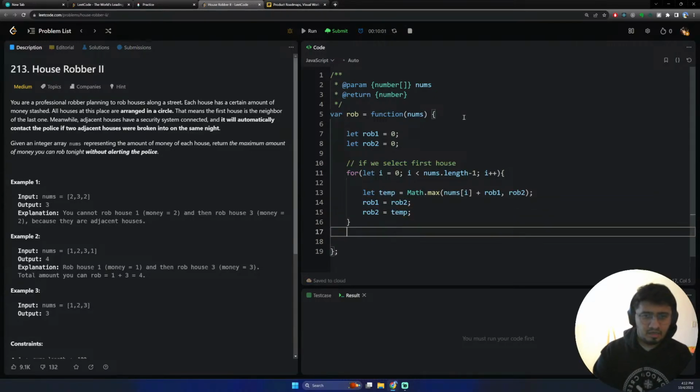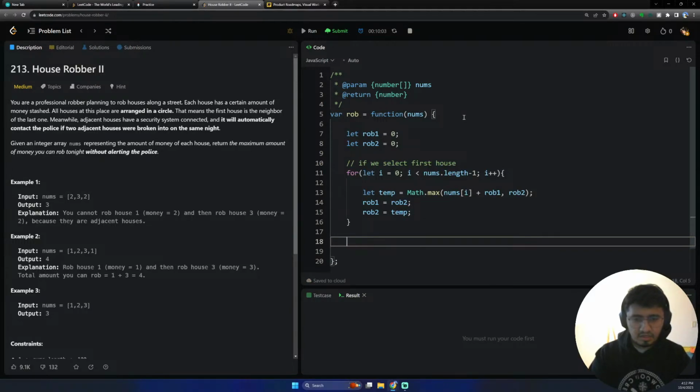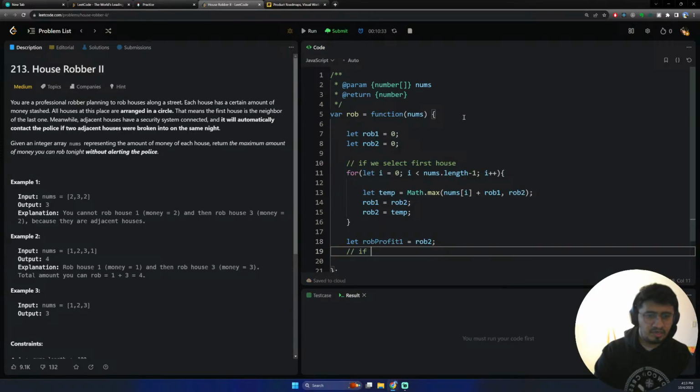Okay, and here we have to do let first rob profit 1 is equal to rob2, which would be holding everything.